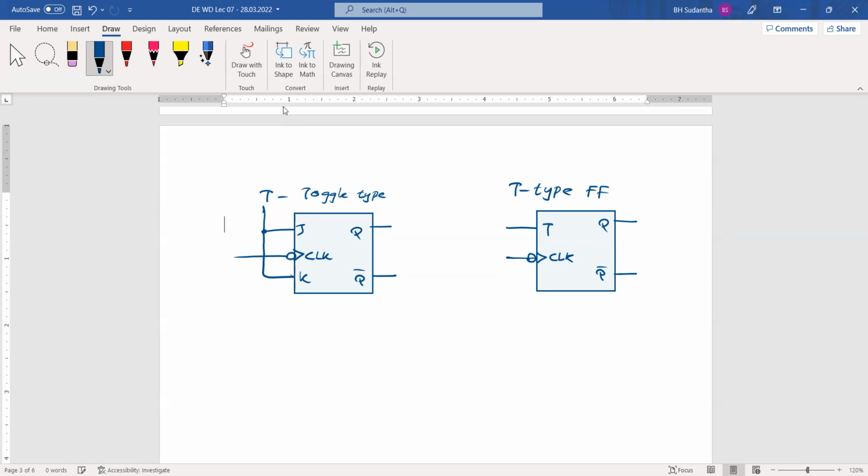T type flip-flop means toggle type flip-flop, but there is no difference between J and K here. Actually, the difference between J, K and T is that inside this one, we have combined J and K together, nothing else.